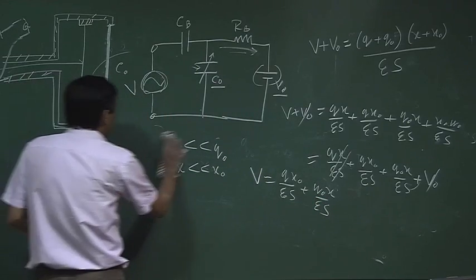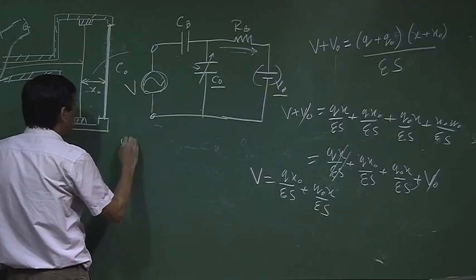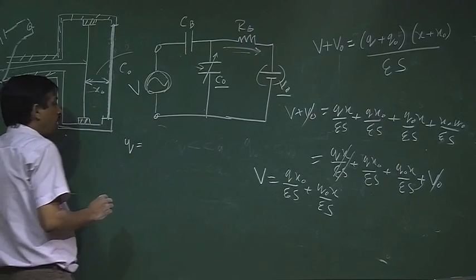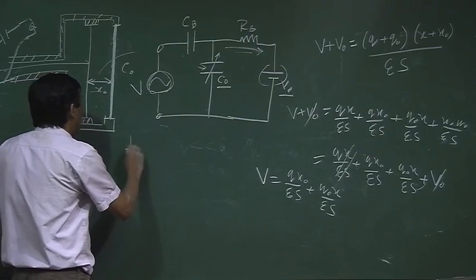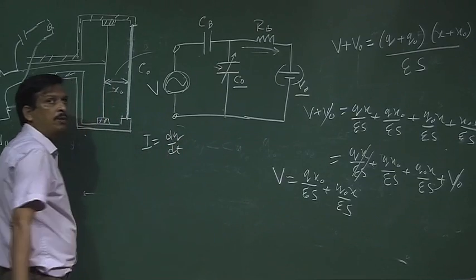Now, what is Q? Q is the charge. What is the relationship between Q and I? I is nothing but dq by dt, the first order derivative.